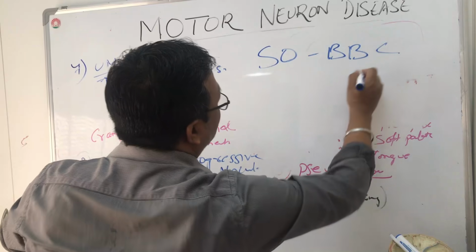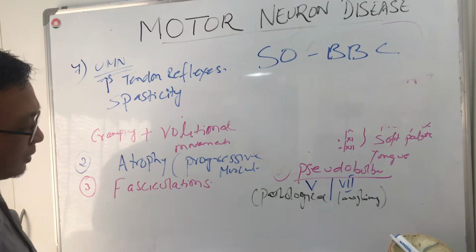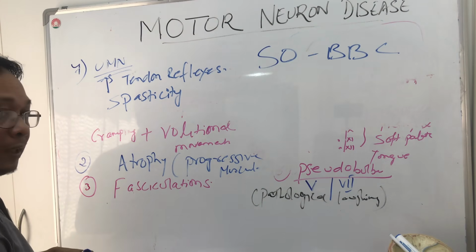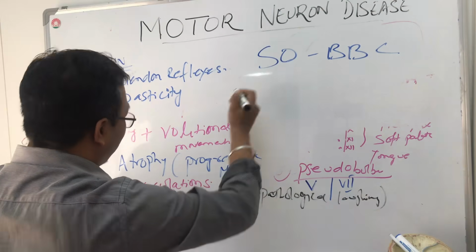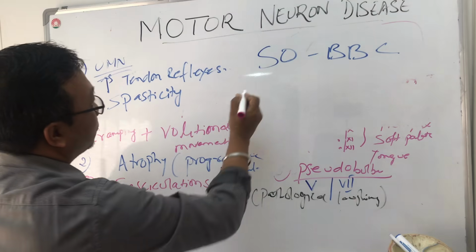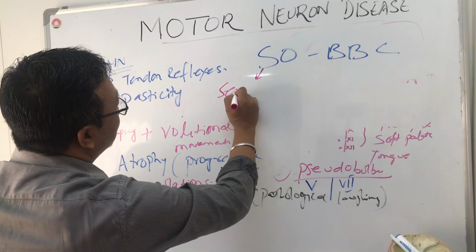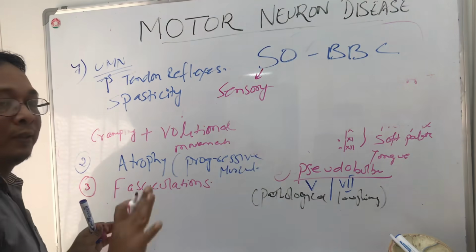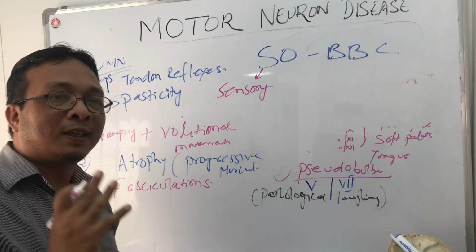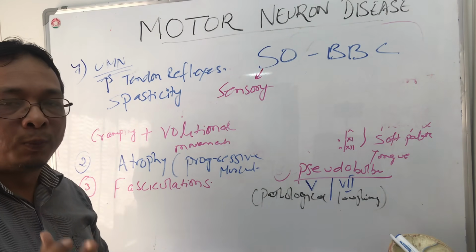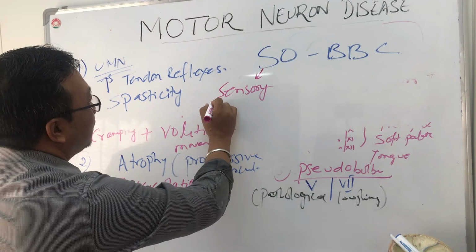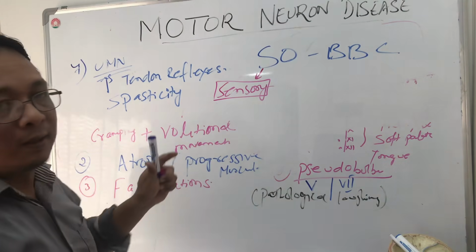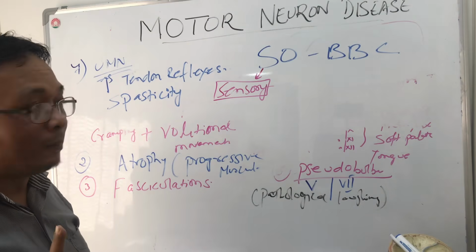BBC. So what are the things that are not affected in motor neuron disease? This is very important for any medical graduate. This is for the sensory system. The sensory system is totally not affected here. A person can feel touch, pain, proprioception, everything is totally intact. So the sensory system is not affected in motor neuron disease. Do remember that.